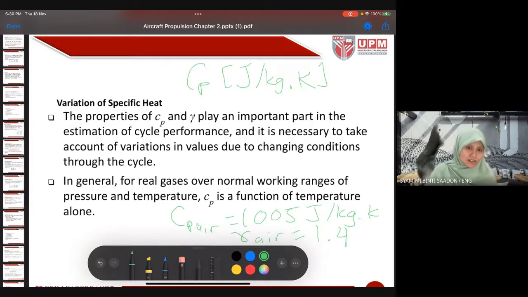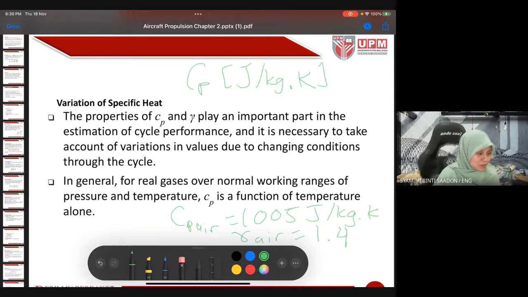But actually these values are not constant. In reality, of course, they are not constant. They change, especially depending on the temperature, due to the dynamic movement of the fluid, of the gas.